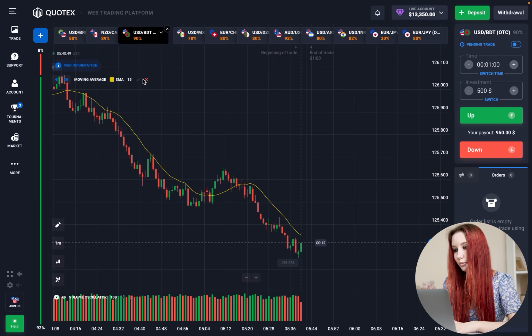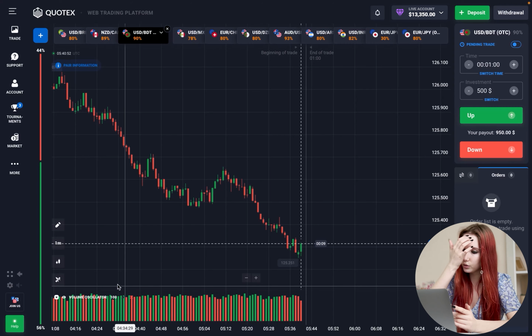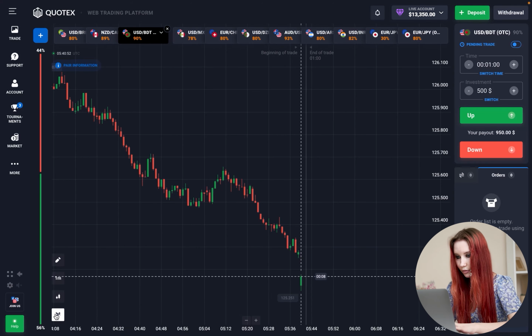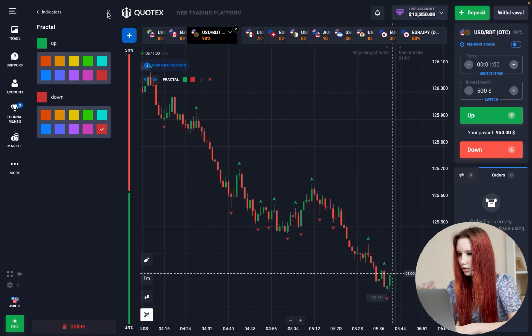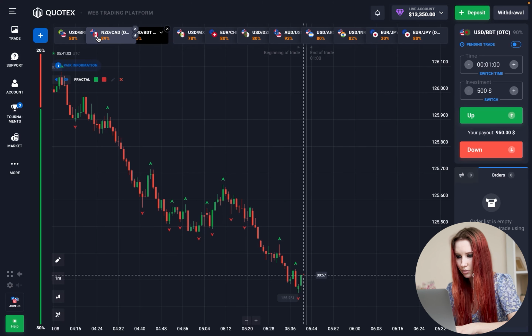And now let's go back to Quotex. I'll remove the moving averages and volume oscillator and add a fractal oscillator. Alright, it doesn't require any customization. If you want, you can change its color, but I'm fine with it as it is.